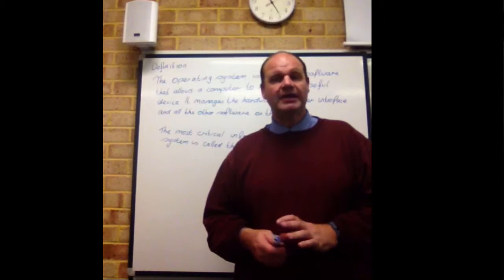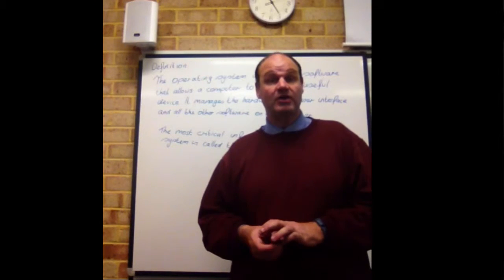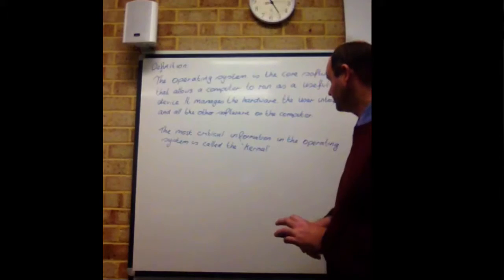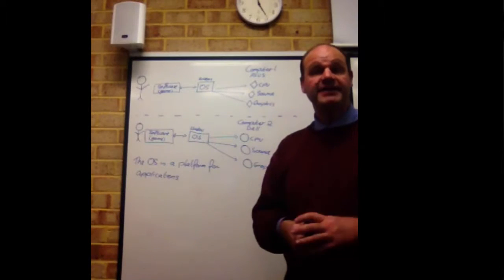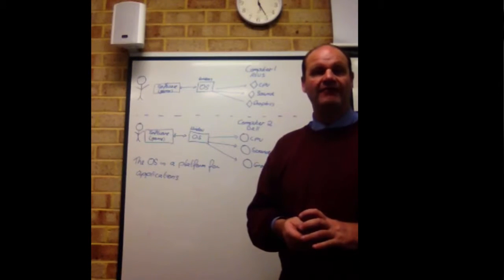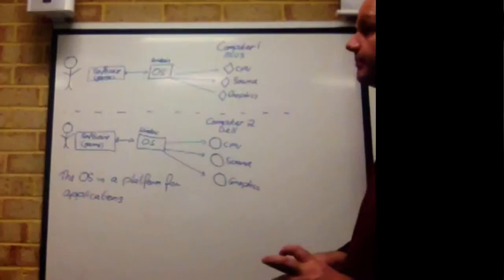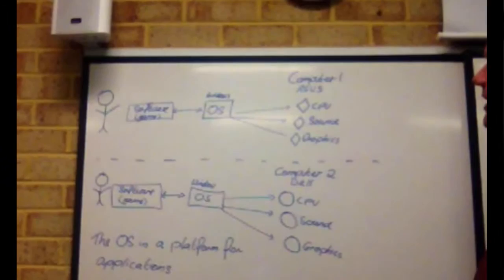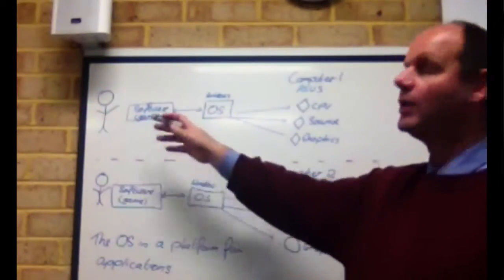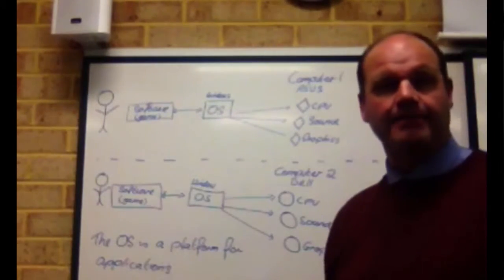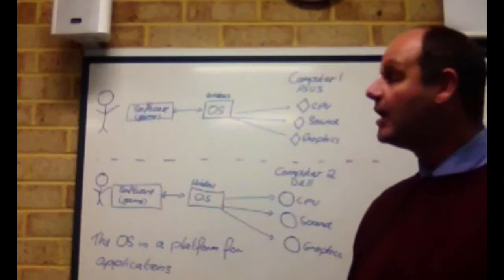So let's just have a look now at some of the advantages of having an operating system. The first really big advantage can be shown in this diagram here. We have a user wanting to play a particular game, Call of Duty for the sake of argument.